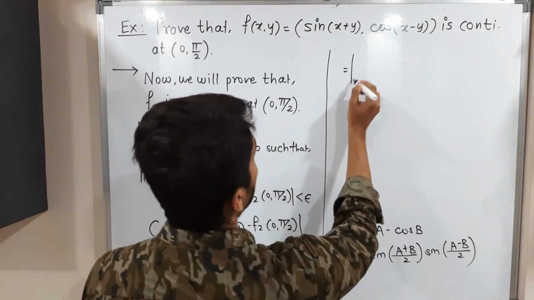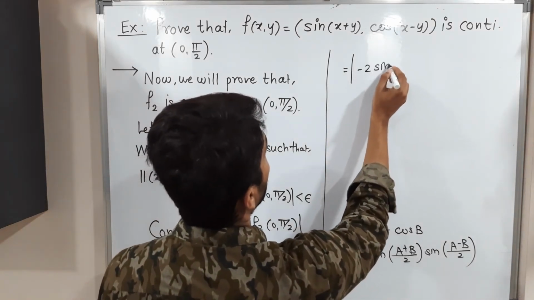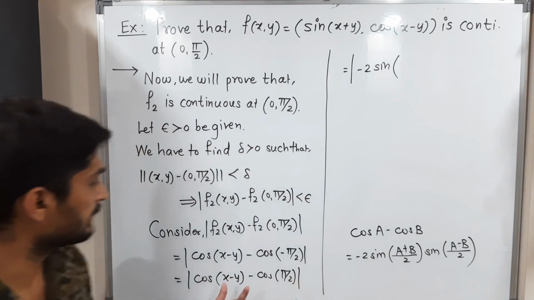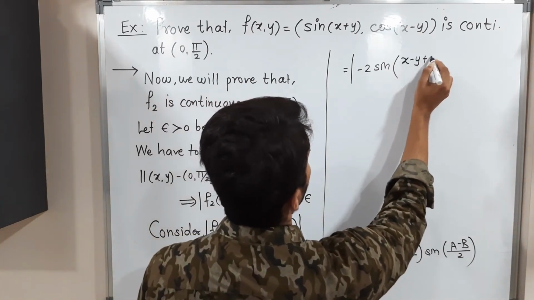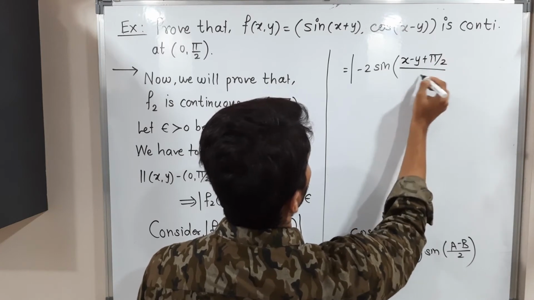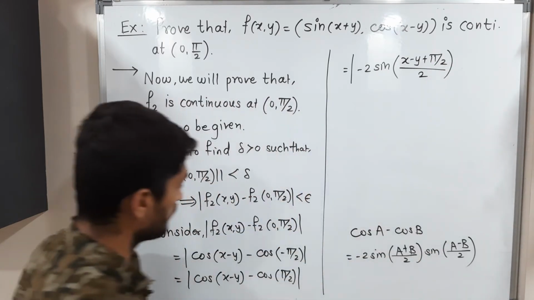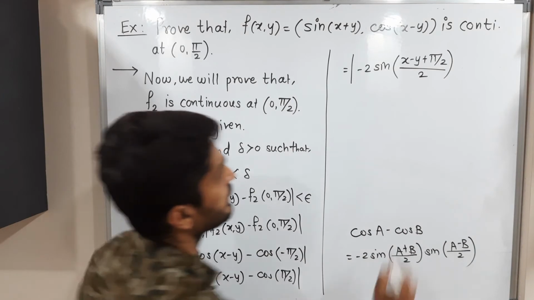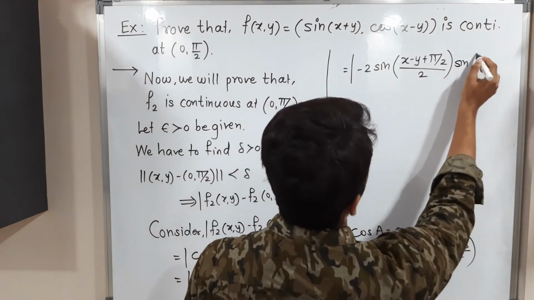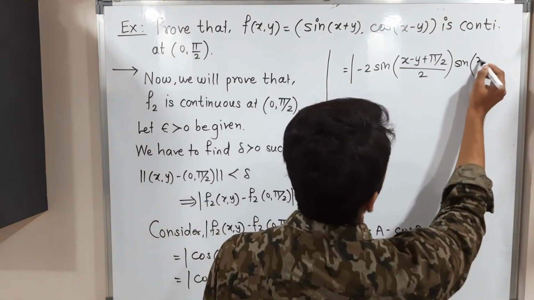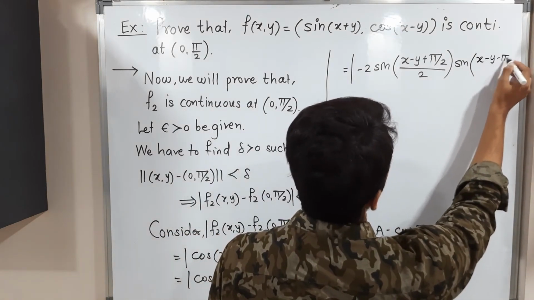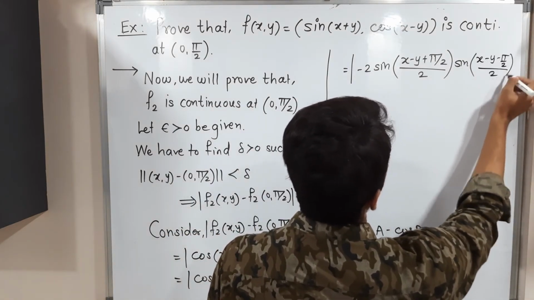So this is minus 2 sine of A plus B. Let us add them, that means x minus y plus pi by 2 divided by 2, and again sine. Now we have to subtract: x minus y minus pi by 2, divided by 2.